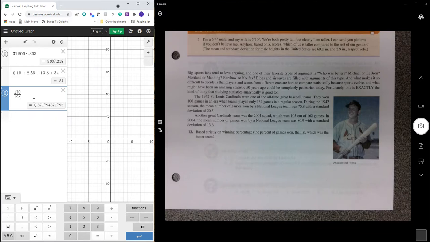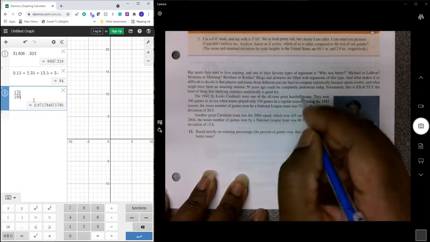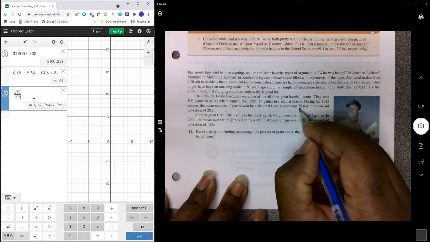It says the 1942 St. Louis Cardinals were one of the all-time great baseball teams. They won 106 games in an era when teams played only 154 games in a regular season. During the 1942 season, the mean number of games won by a National League team was 75.8 with a standard deviation of 20.5.